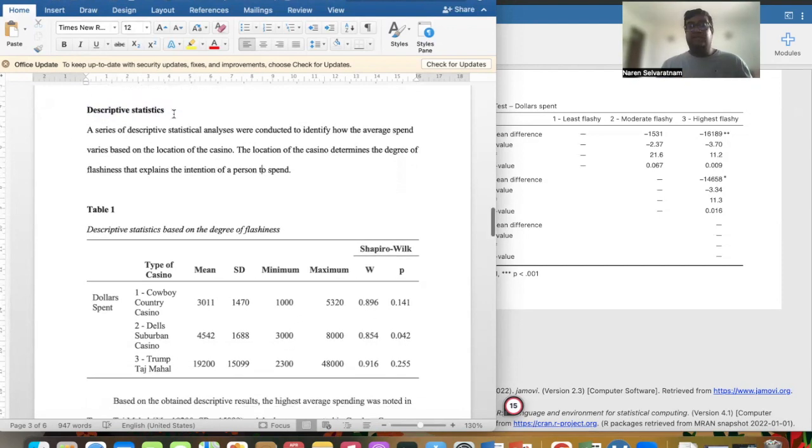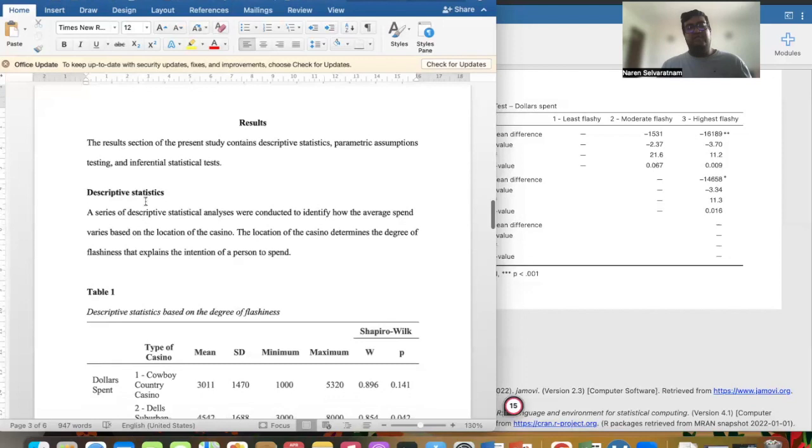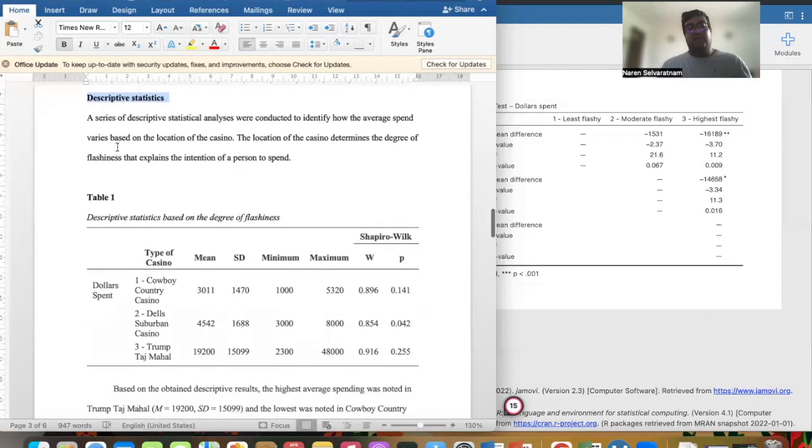Now, descriptive statistics. If you notice, I have taken my subtopic to the left side, and I'm going to just write it here. Always make sure you give a bit of narration. We are not writing a novel, but it has to have some readability. There's a person who is reading this on the other side, so make sure it is readable.